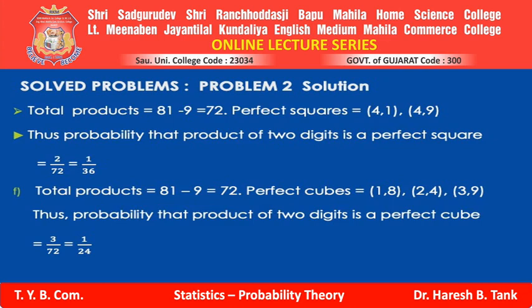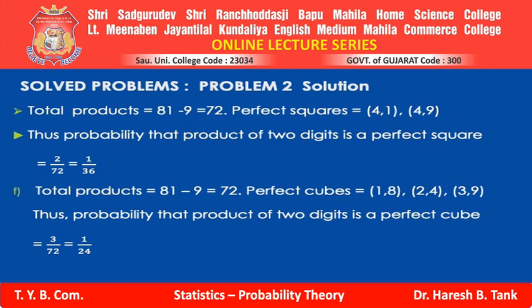Total product becomes 81 minus 9, which becomes 72. Perfect squares are 4 1 and 4 9. Thus, the probability that product of two digits is a perfect square becomes 2 upon 72. Further simplifying it, it comes to 1 upon 36.